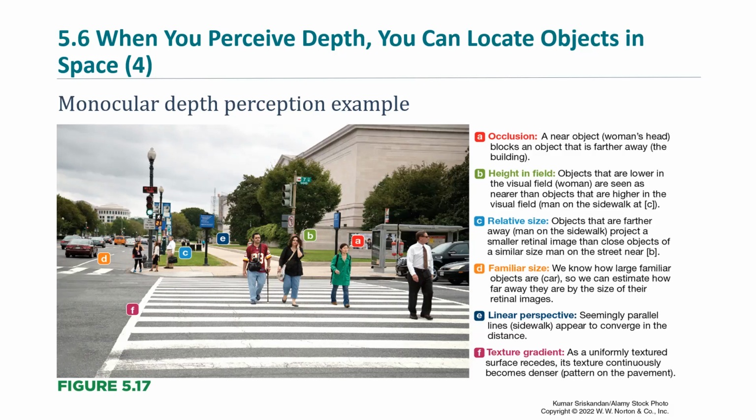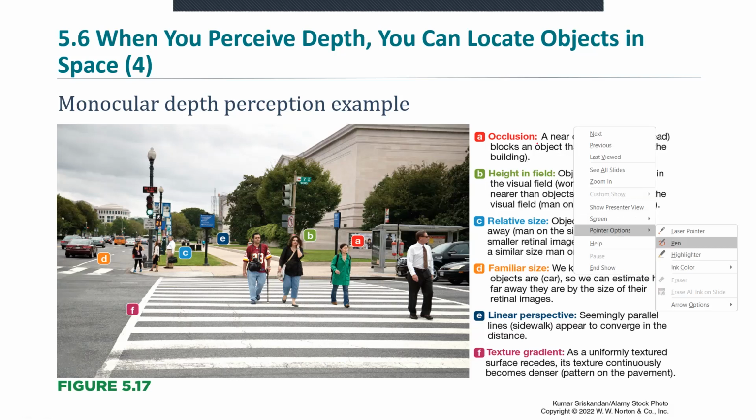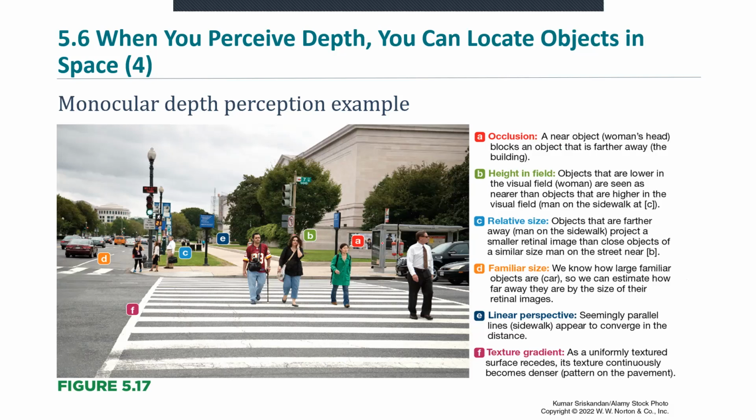Okay, so let's go through these 6 monocular depth cues. The first one is known as occlusion, and it's a very simple one. If one thing is blocking another thing, then the thing that's blocking it must be closer. So, as it says here, a near object, this woman's head in the green coat, blocks an object that's farther away in the building.